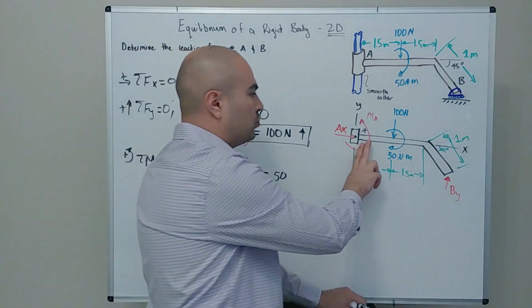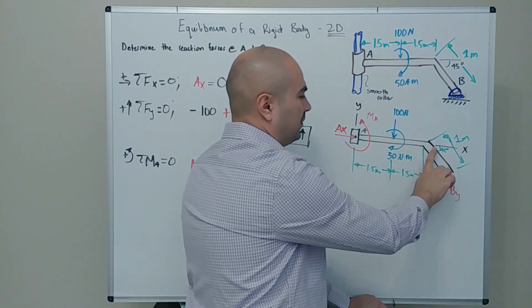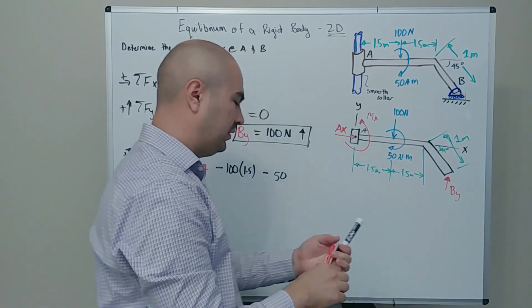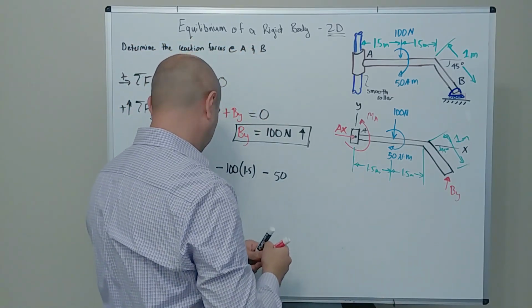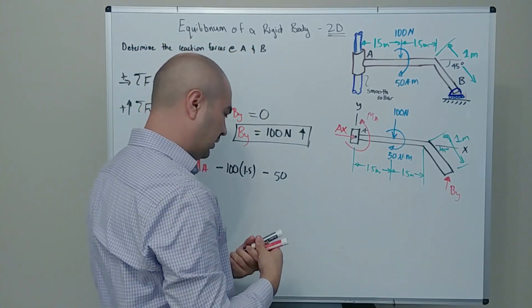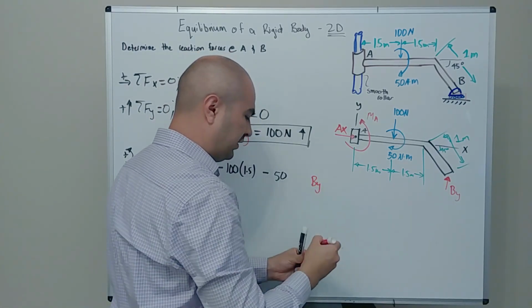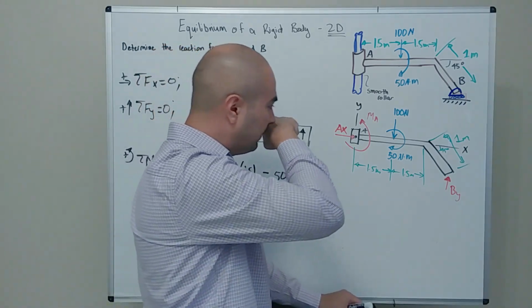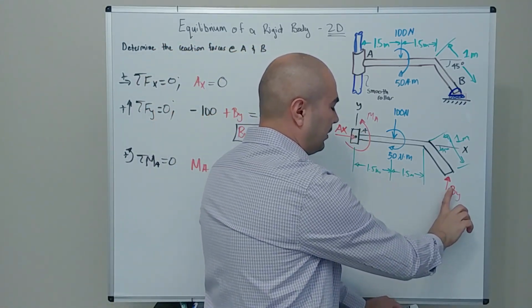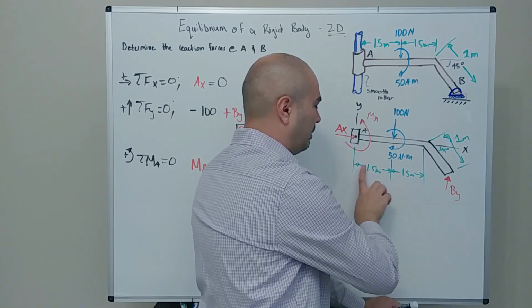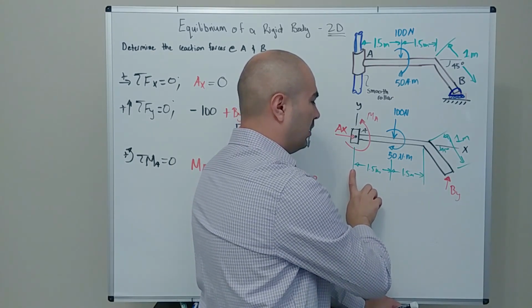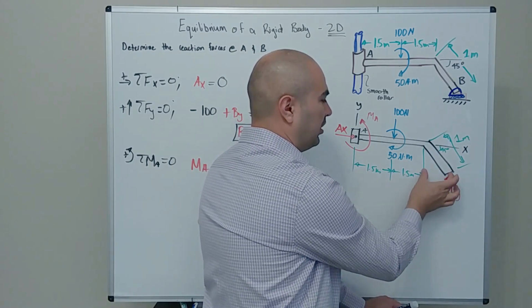As we continue sweeping away, the last one that we have is By. The force is By. I'll put it here in red because it was a reaction. Next, we need to determine the perpendicular distance between By and point A. So this is going to be 3 meters plus this distance here.